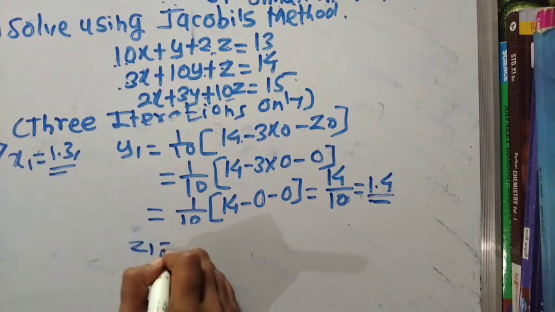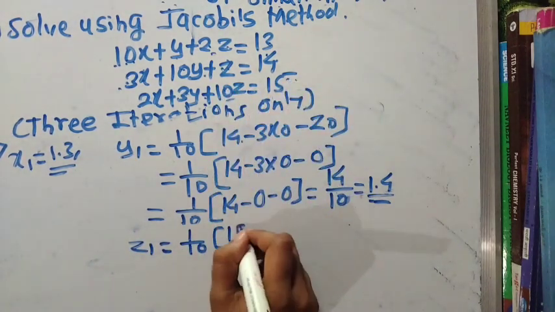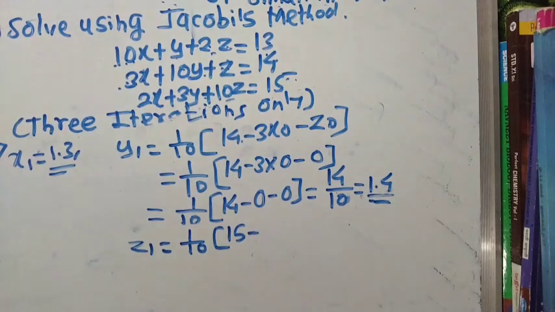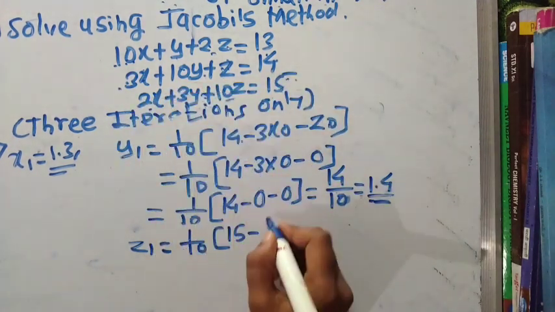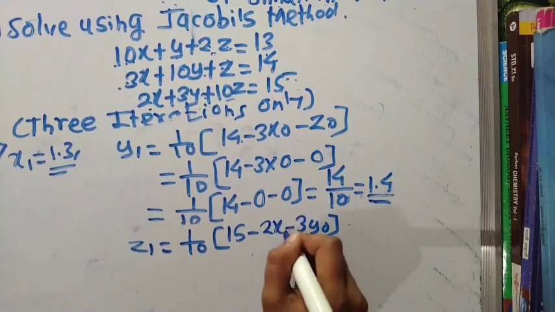So z1 is equal to 1 divided by 10 (15 minus 2x0 minus 3y0).